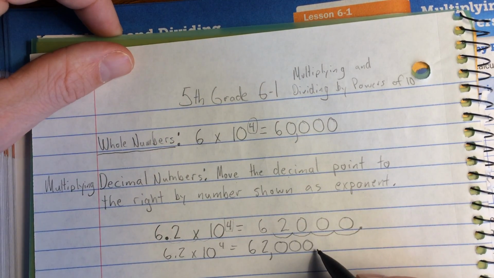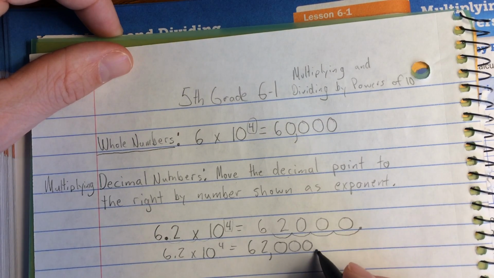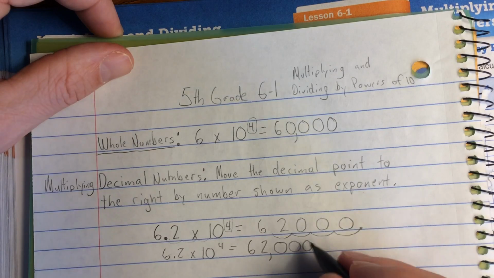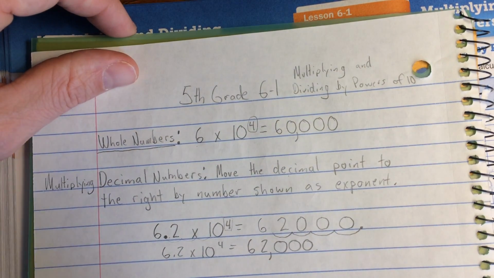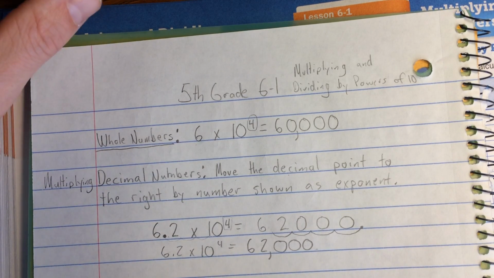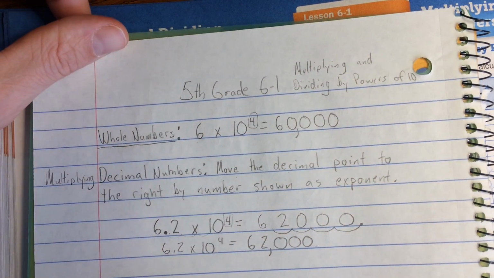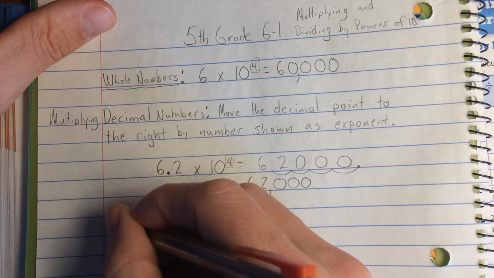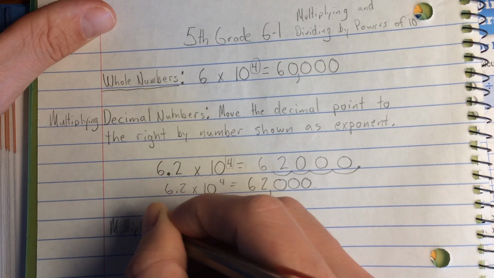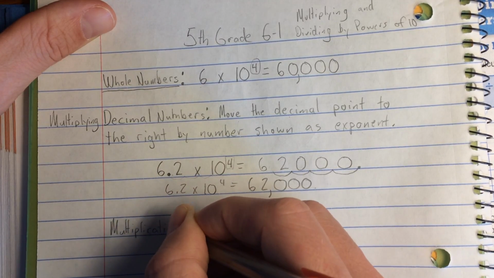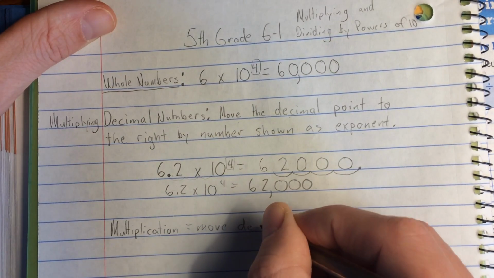And if it makes you happy, you can put the decimal at the end, but if there's nothing going on over here, you don't need him. He's just imaginary. We know that's where the decimal would be, but we don't have to have him. So why don't we take a look at our actual page? Long story short, multiplication equals move decimal right.